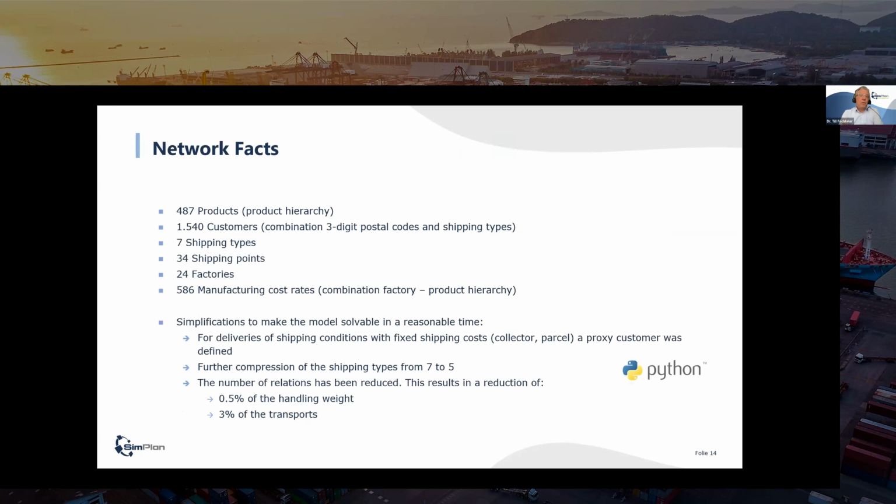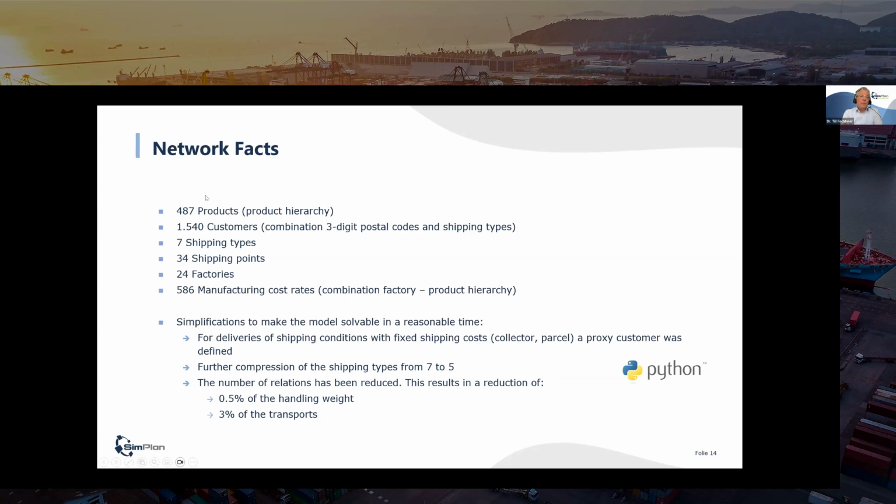Here we have some facts about the network. In case of products, we worked on product hierarchies. I don't know exactly, but I think the delivery data contains more than 6,000 products. So we are focusing on the product hierarchies, and we have 1,540 customers in our network, which was a combination of 3-digit postal codes and shipping types.